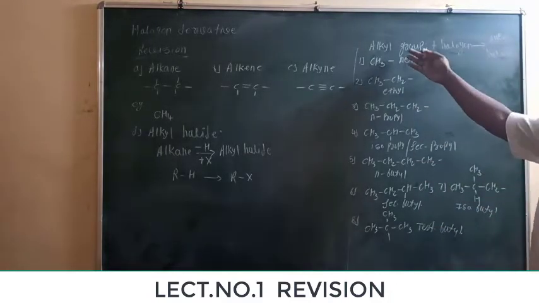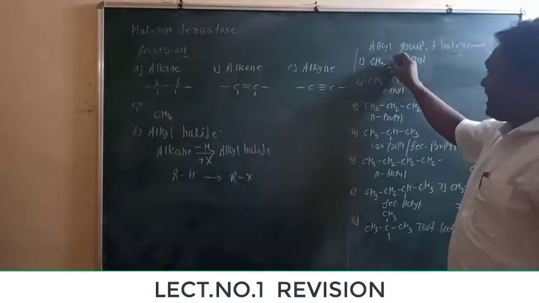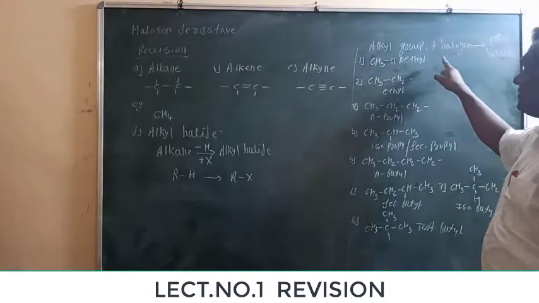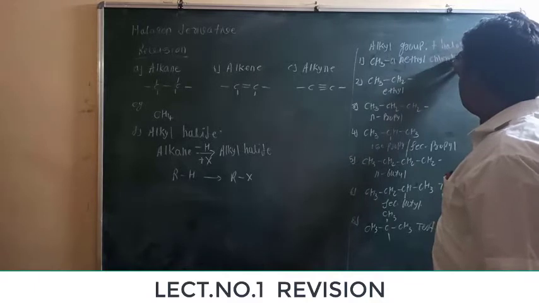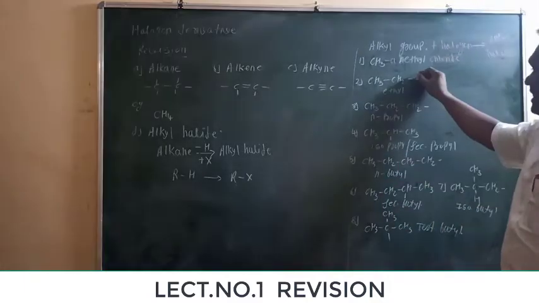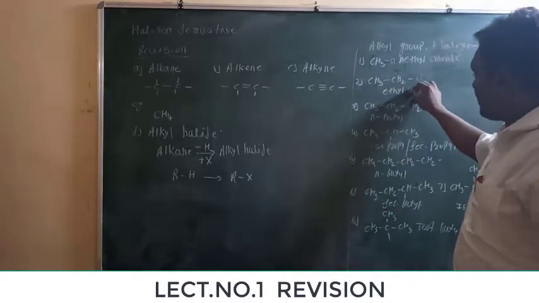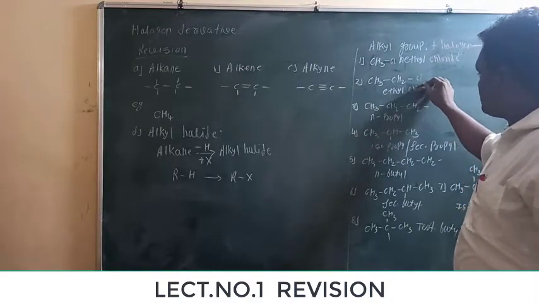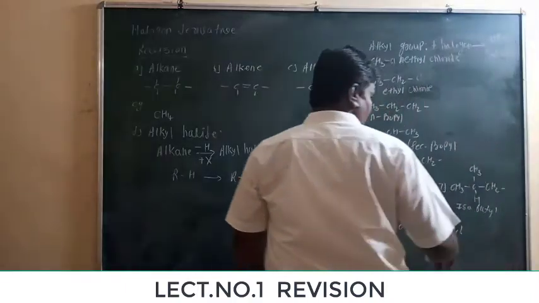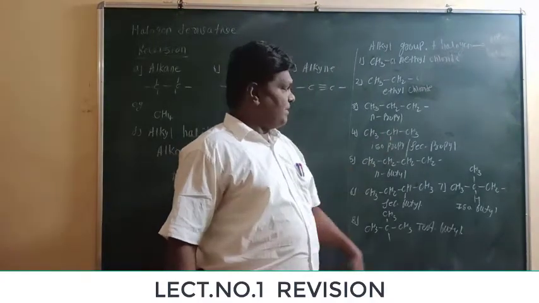So the alkyl groups are methyl. If you add here a Cl, you will get methyl chloride. In ethyl, if you add Cl, you will get ethyl chloride. If you add a chlorine atom here, next one, N-propyl chloride.